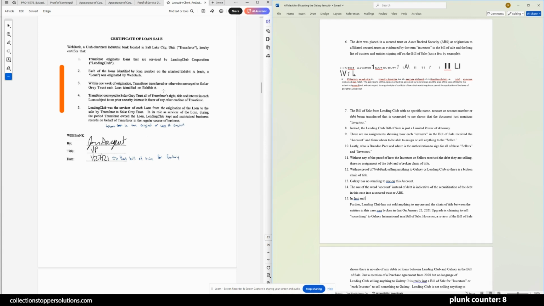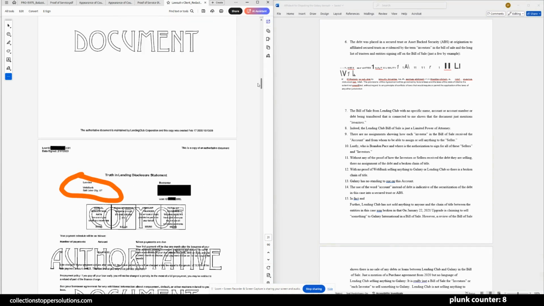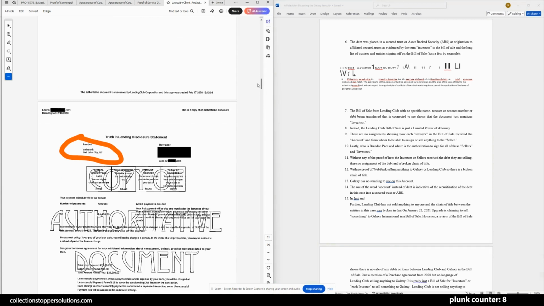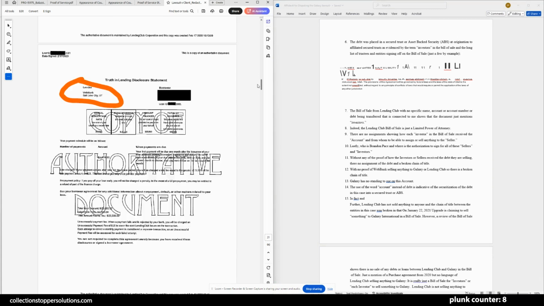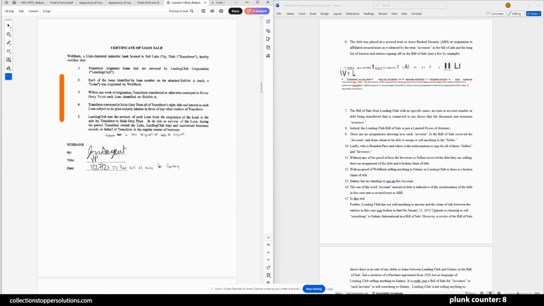They told us. So the date of this loan that my client took out is 2/17/2020, and a week later, by their own words, it was transferred to Solar Gray Trust, each loan identified, right? That is big for you.